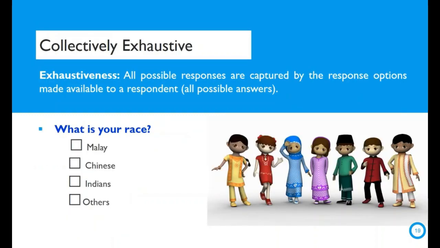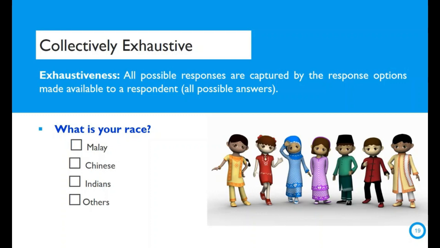All right. So next is collectively exhaustive, meaning that you need to include all possible responses or all possible answers. So let's say you are going to measure the ethnicity of your respondents.